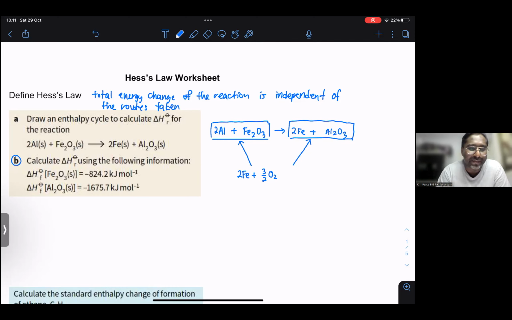This two Fe is from the reactant, and as a product, they stay as a product, 2Fe. Now, what is important over here is to form Al2O3. To form Al2O3, the elements are going to be 2Al, and of course you want to form O3, so you need to use the element O2. You want three atoms, so 3/2.